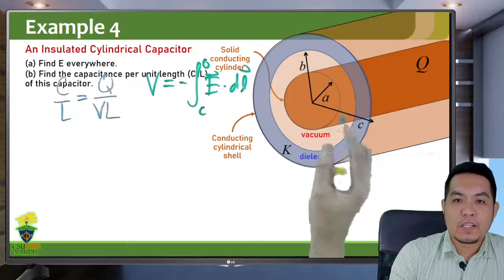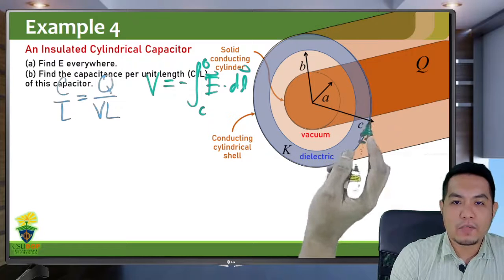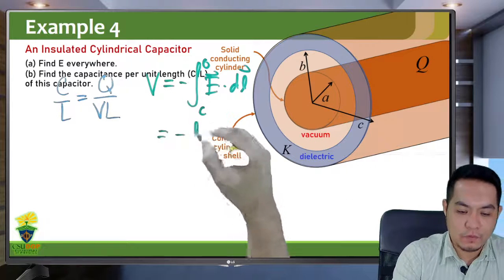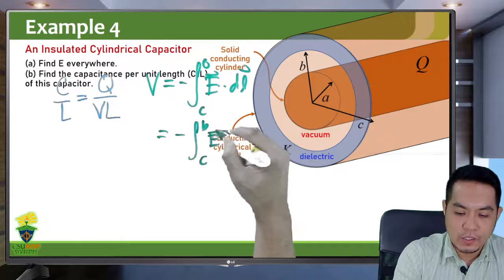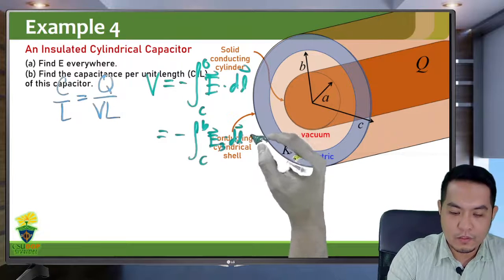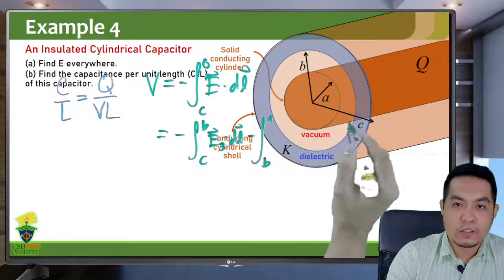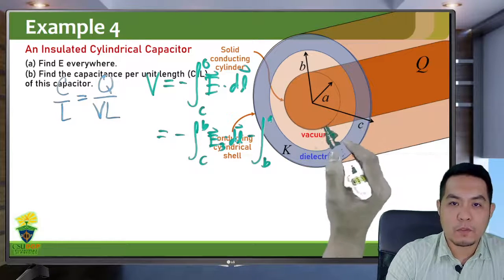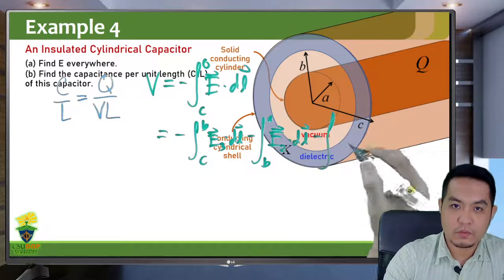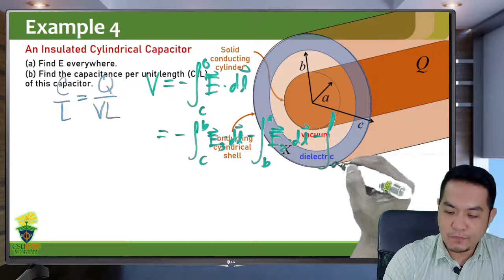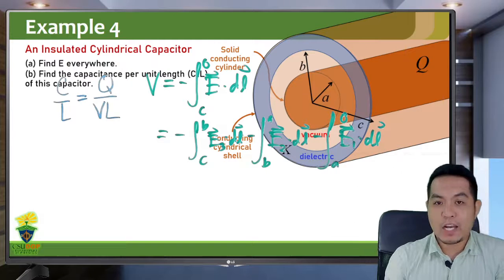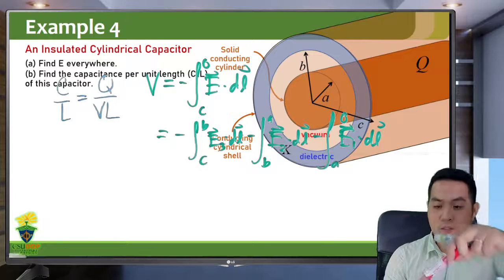And from C to 0, it's actually 3 regions. From C to B, from B to A, and from A to 0. The electric field from C to B is actually E3. And then from B to A, the electric field there is actually E2, which we have solved earlier. And from A to 0, the electric field there is E1, which is actually 0 because that's the electric field inside the conductor.